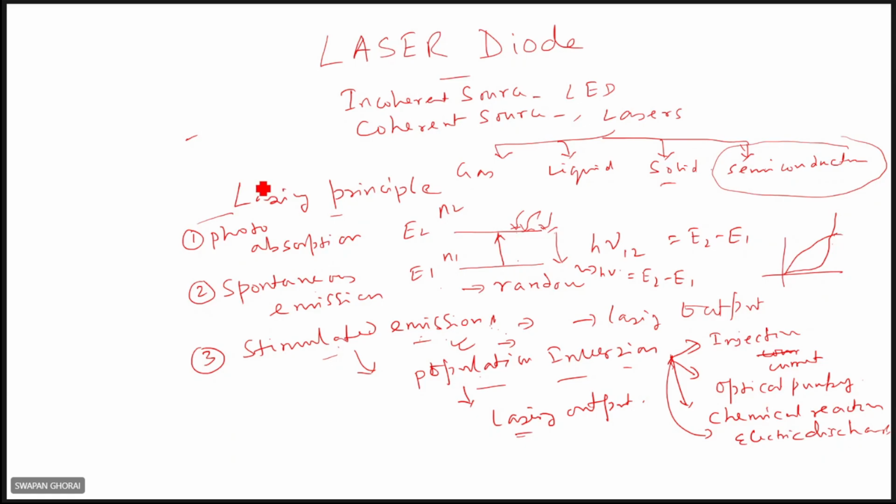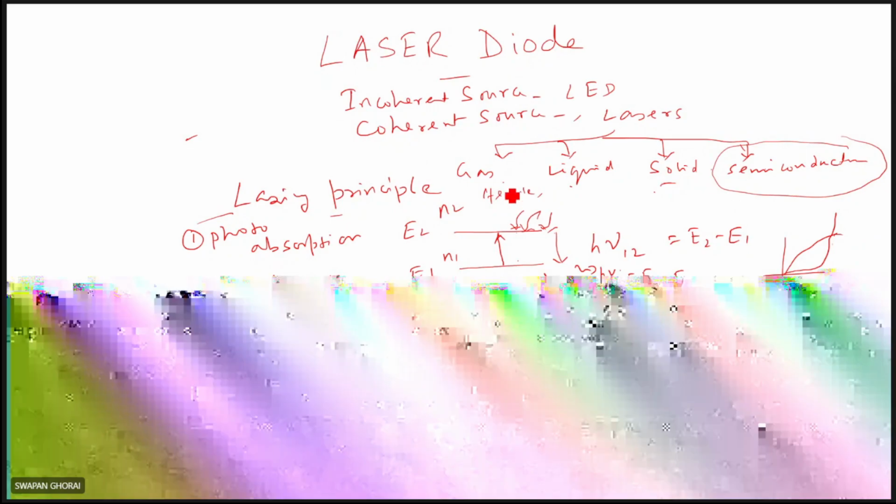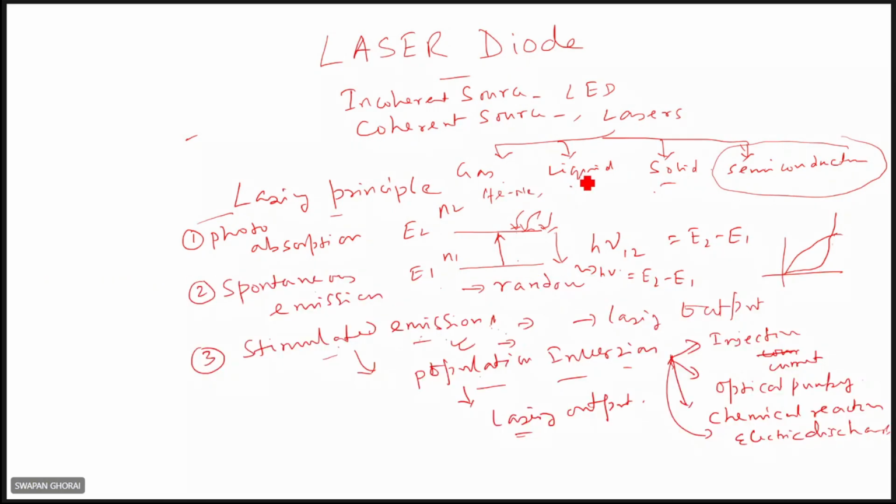Other lasers, in fact, if you see the lasers, can be gas lasers, liquid lasers, solid lasers, or semiconductor lasers. Gas lasers like helium neon, which is a red laser, and argon ion, which is a green laser, blue-green you can have. Liquid lasers are dye lasers, like Rhodamine 6G, where you can have arbitrary wavelengths.